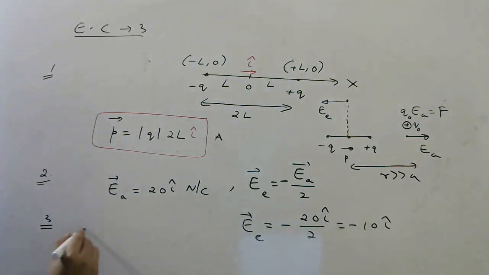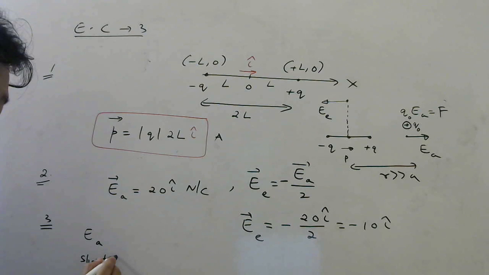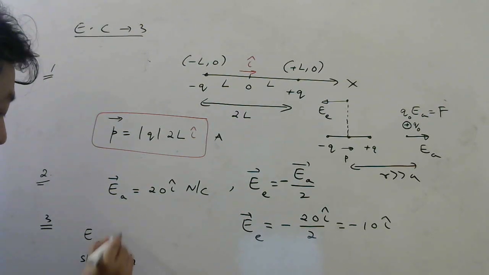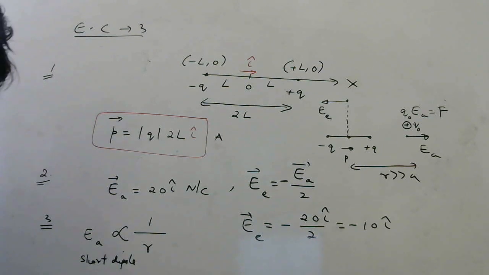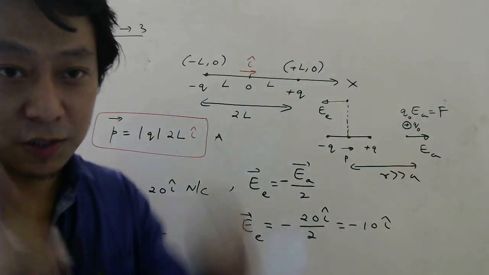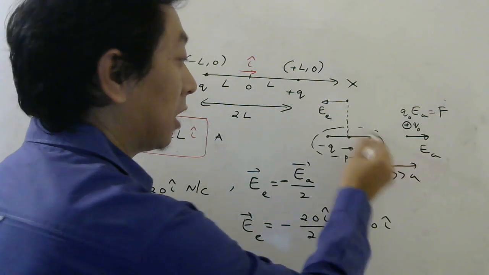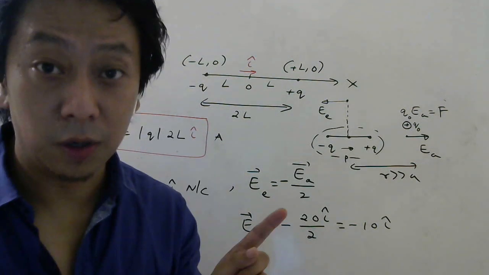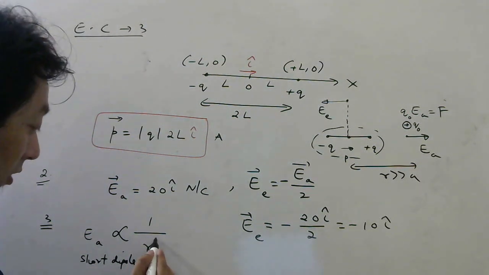So you know electric field at axial point due to short dipole. How does it vary with distance? Tell me quickly. Inversely proportional to, some of you may be saying r square. That is wrong. That is for point charge. This is a dipole. They are talking about electric field due to dipole on the axis of the dipole. So electric field is inversely proportional to r cube.